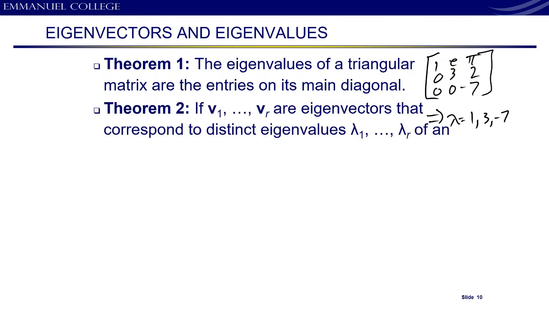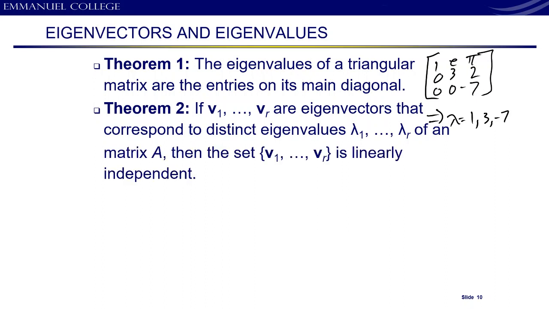And then theorem 2 says that if v1 through vr are eigenvectors that correspond to the distinct eigenvalues lambda 1 through lambda r of matrix A, then the set of those eigenvectors is linearly independent.